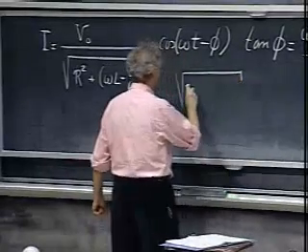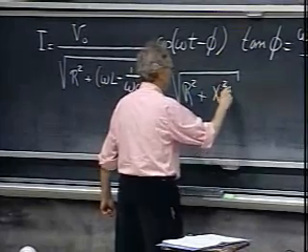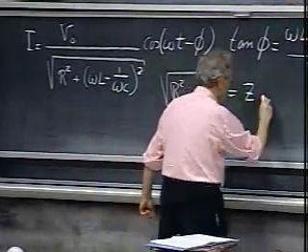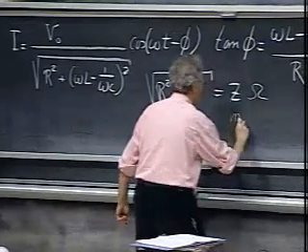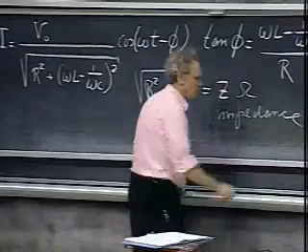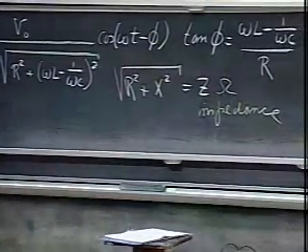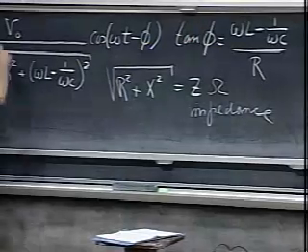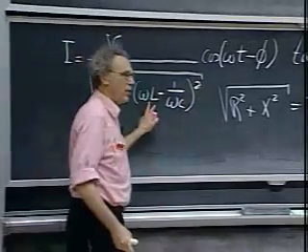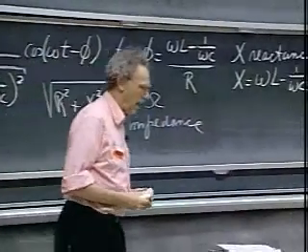So the square root of R squared plus that X squared equals Z. That also has units of ohm, and that is called the impedance. And so Z is an effective resistance, because this whole thing behaves like a resistance. But it depends not only on R, L, and C, but also on the value of omega.